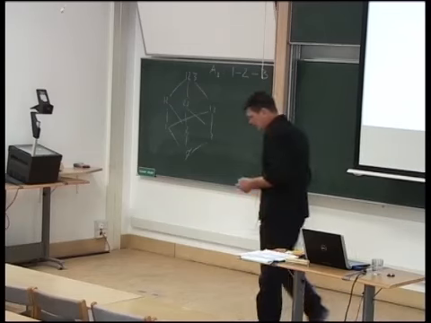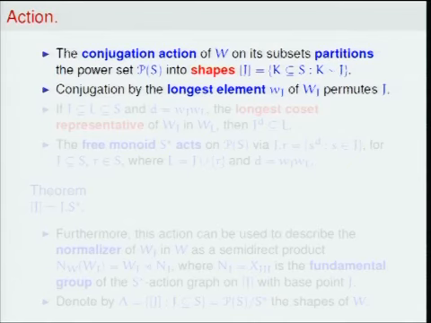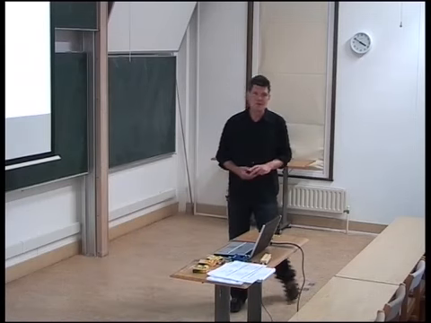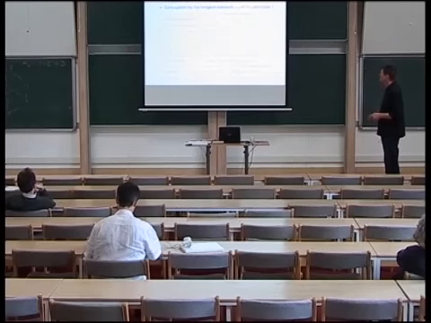My Coxeter groups are finite, so they have longest elements. Conjugation by the longest element in general, and each parabolic subgroup has its own longest element, permutes the generating set, simply due to the fact that this is the longest element, and it must preserve length. Conjugation with the longest element must preserve the length.